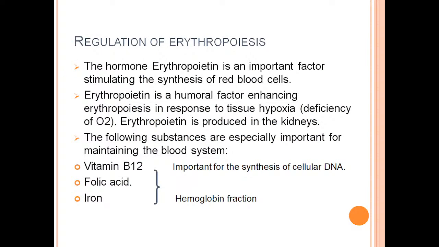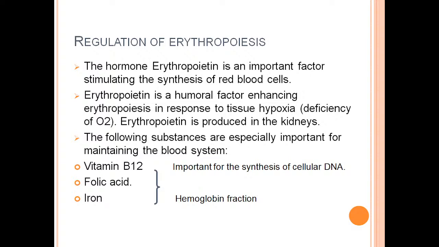What about regulation of erythropoiesis? I think you remember that all cells are produced in bone marrow. And when you go to a teacher to talk about the pathogenesis of anemia, first of all, you should tell about erythropoiesis. The hormone erythropoietin is an important factor in stimulating the synthesis of red blood cells, or erythrocytes. Erythropoietin is a humoral factor changing erythropoiesis in response to tissue hypoxia.